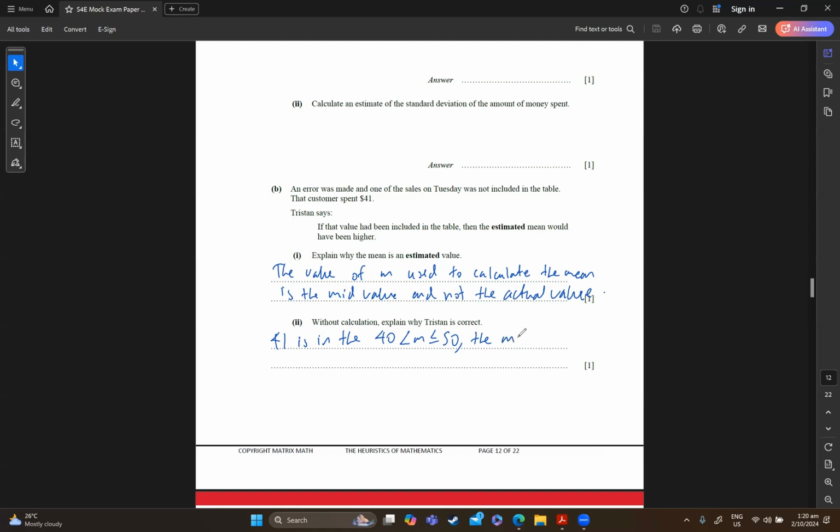So the mid value of 45 would have been used to estimate the mean, which is higher than the estimated mean.